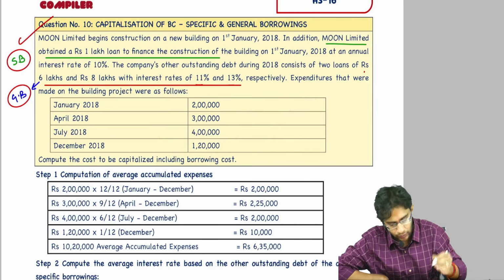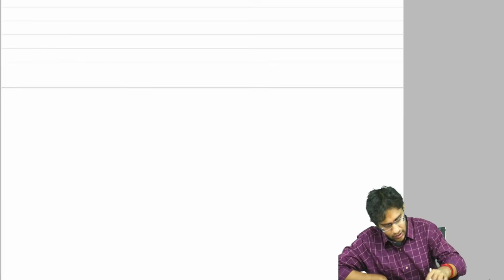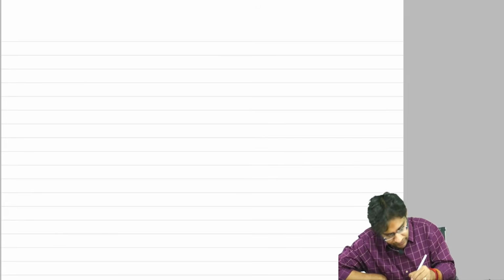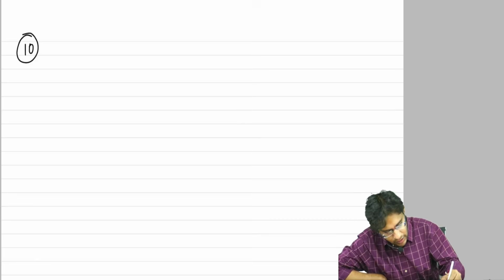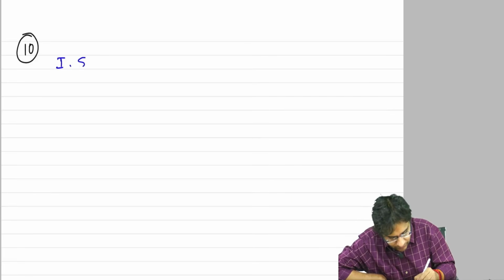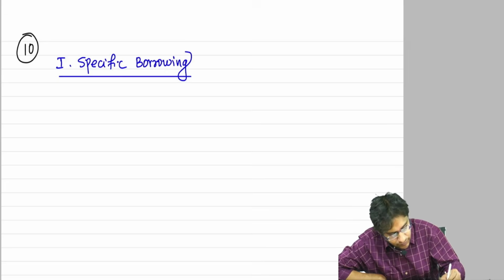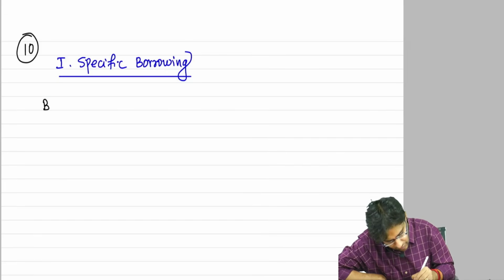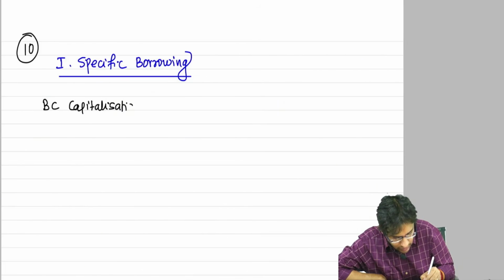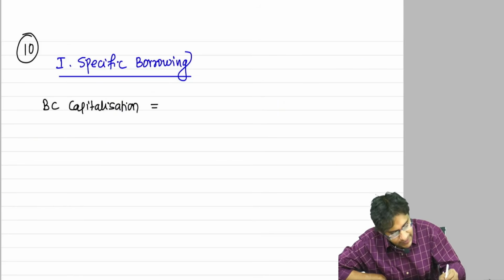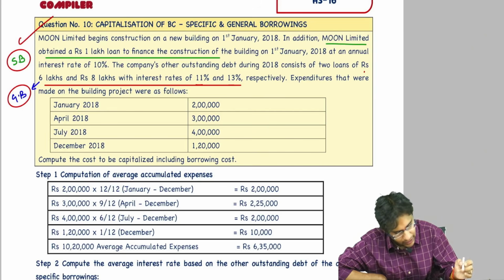Okay. Now, in your notes, sir, first and foremost, identify specific borrowing and understand how much can be capitalized there. Borrowing cost capitalization is equal to how much is the specific borrowing you have made? 1 lakh. What is the interest rate at which you bought? 10%.